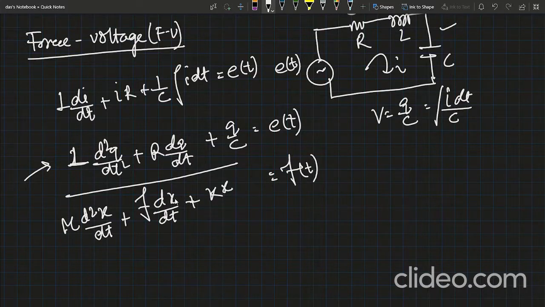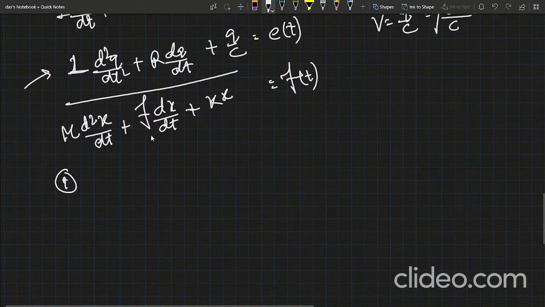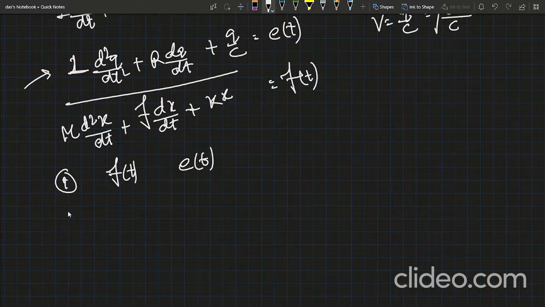Now we compare these two equations to get some parameters. Number 1, the applied force F(t) is analogous to the applied voltage e(t). Number 2, mass is analogous to inductance.